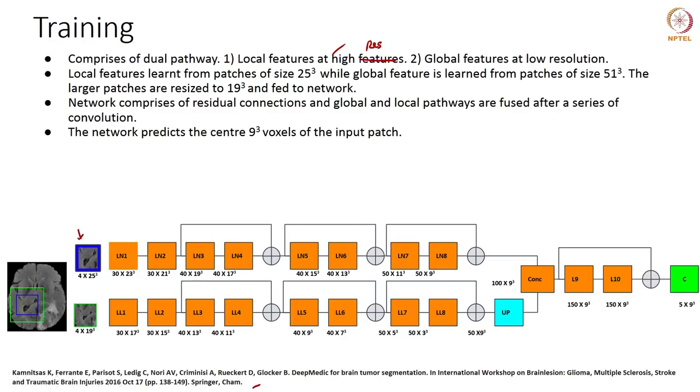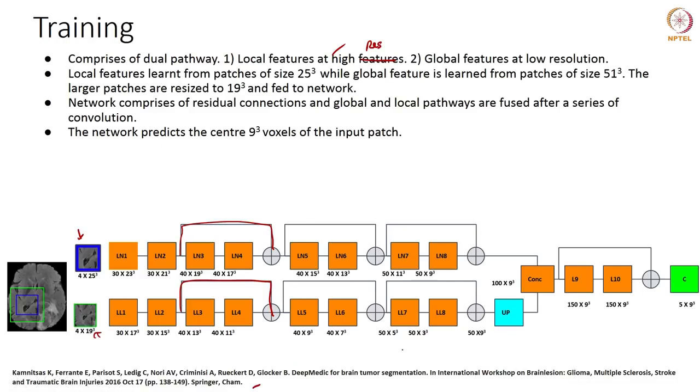So, the large green box is the 51 size patch, but then it is resampled to 19. Okay, but it is a 19 cross 19 cross 9 volume from inside the image. Of course, there are 4 channels, you have 4 such cubes, and then you have a sequence of convolutions, and in between there are these residual layers like in the ResNet architecture.